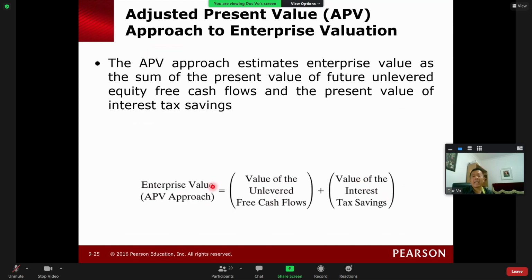So you can see that the APV runs away from using the cost of capital as the discount rate. When you use the APV, you need two components: the value of the unlevered free cash flow, and the value of the interest tax saving.